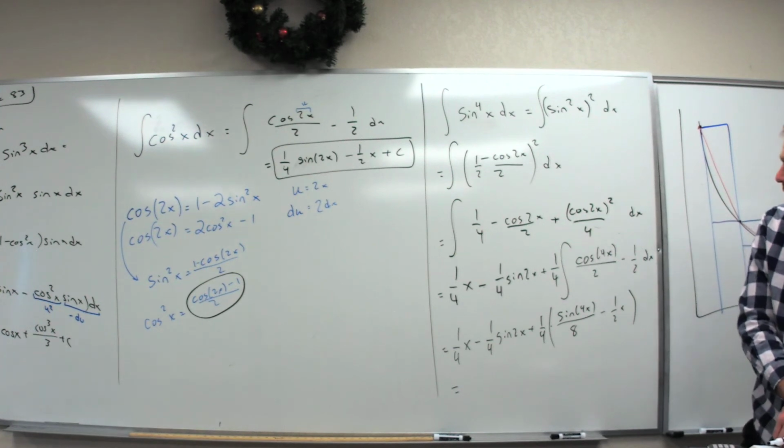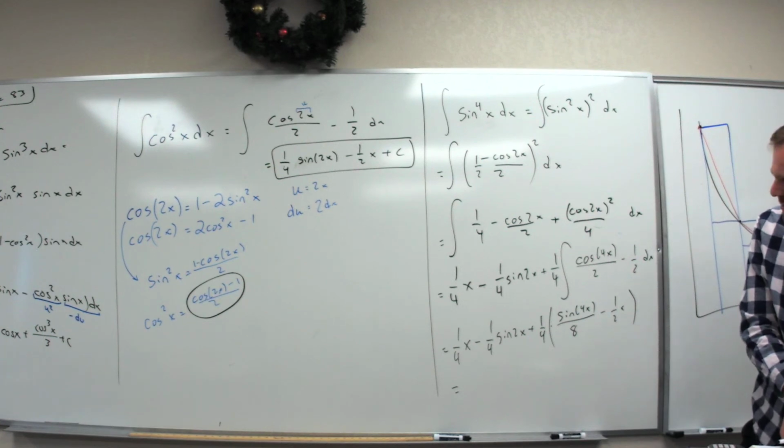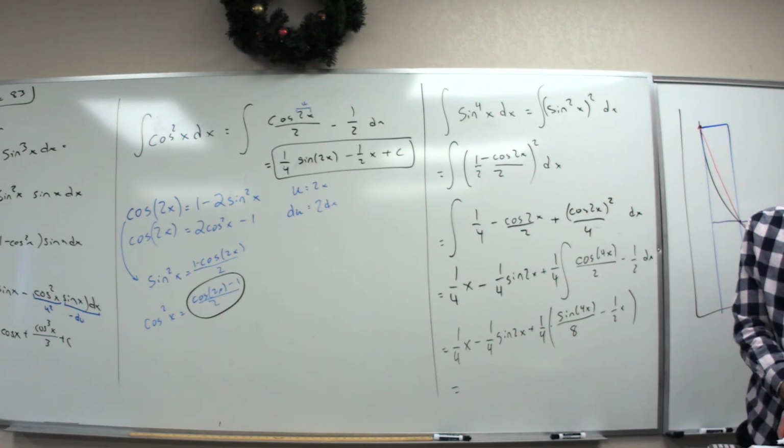So we have 1/4 minus cosine of 2x over 2 plus 1/4 cosine squared of 2x. And we get that out. So there's a 1/4 there. Somehow they ended up with 3/8 x. I was gonna say that. Oh, you were? How do they get 3/8?